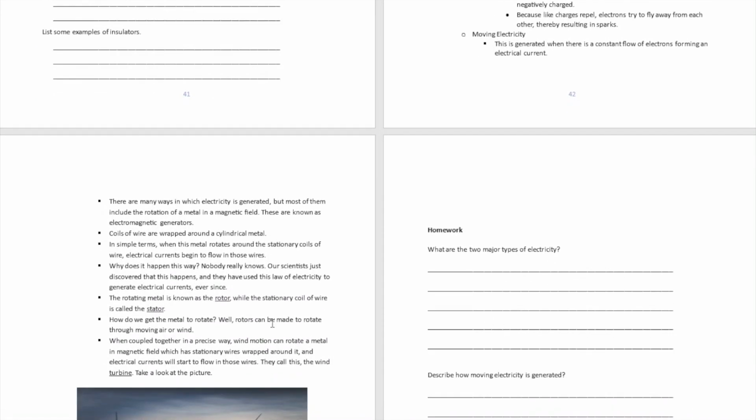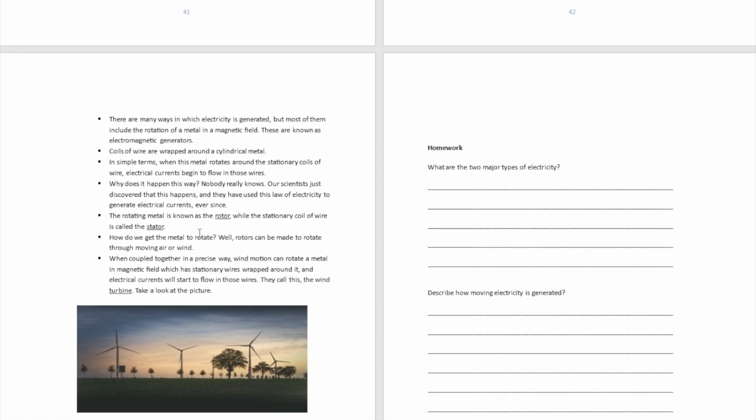So what are some of the ways that we generate electricity? Well, we generate electricity when a metal is made to rotate in a magnetic field. These are called electromagnetic generators. What typically happens is they get coils of wire wrapped around a cylindrical metal, and then this metal is made to rotate around stationary coils of wire, and then electrical current begins to flow.